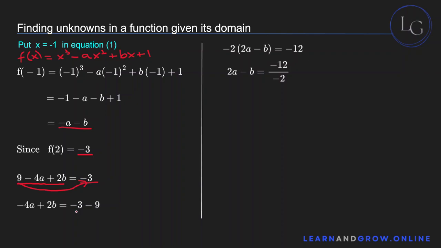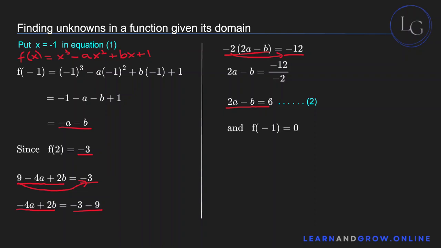So minus 3 minus 9 on the right hand side and minus 4a plus 2b on the left hand side. Minus 3 minus 9 gives you minus 12. And take 2 common on the left hand side. So that becomes minus 2 into 2a minus b. Fairly simple. Take this negative 2 to the right hand side. So negative 12 divided by negative 2 gives you 6. So 2a minus b is equal to 6.